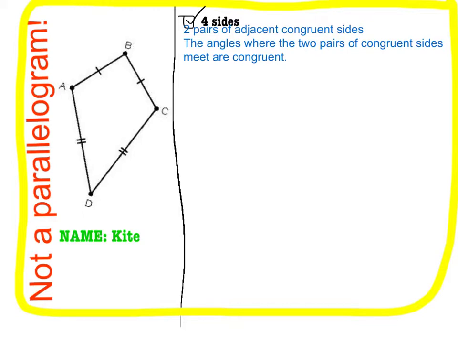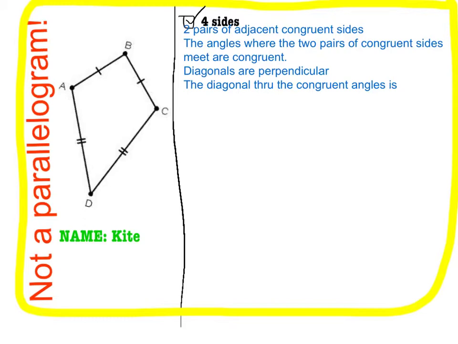Next, the diagonals are perpendicular. And last but not least, and this is another long-winded one, the diagonal through the congruent angles is bisected.